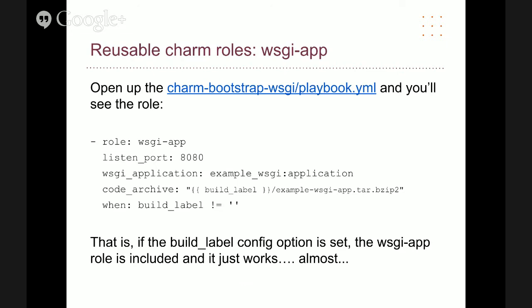So with all the functionality wrapped up into this WSGI app role, the actual charm can just have one task in it, which in this case is just writing a custom configuration file, because different projects have different ways of handling config.